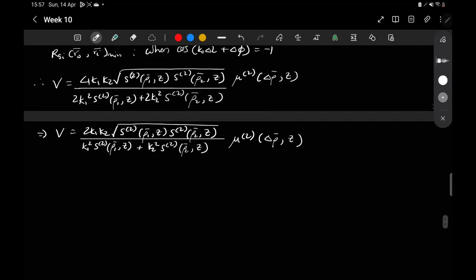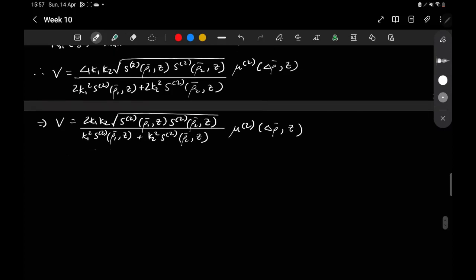Now this root s2 rho 1 s2 rho 2 times mu is actually w. So this is 2 k1 k2.